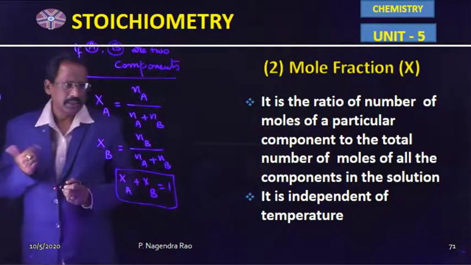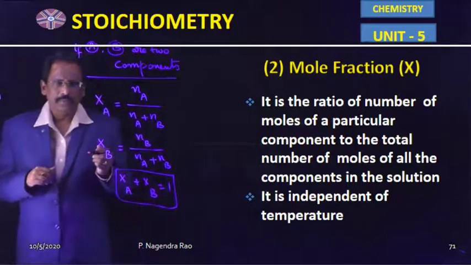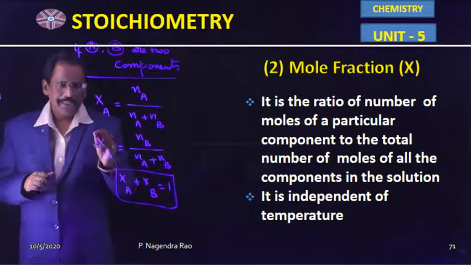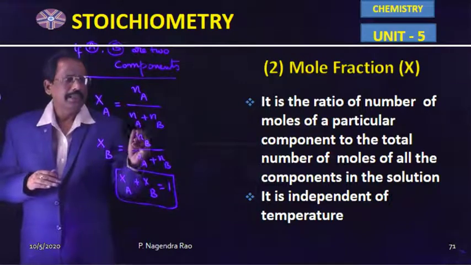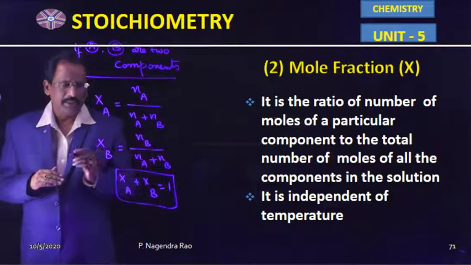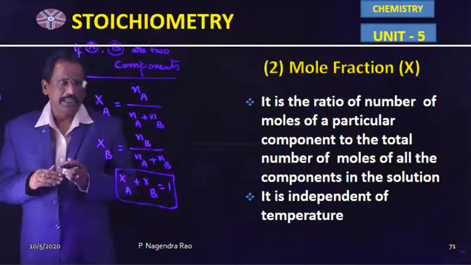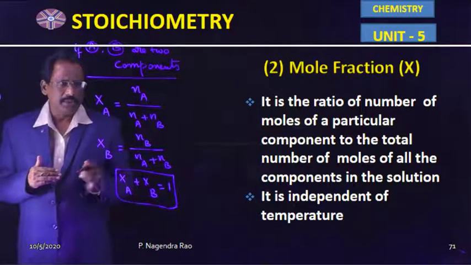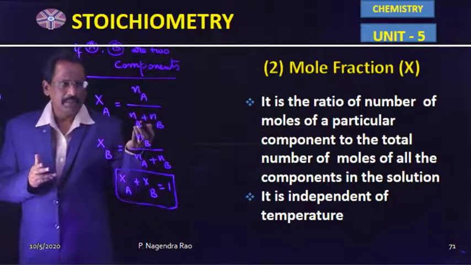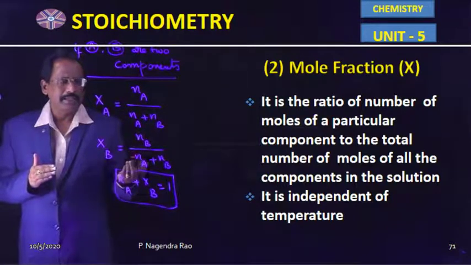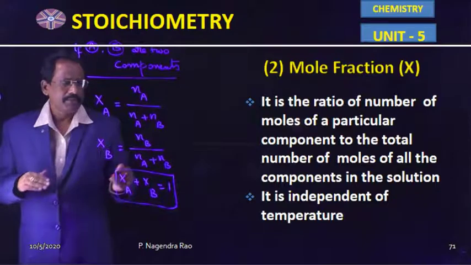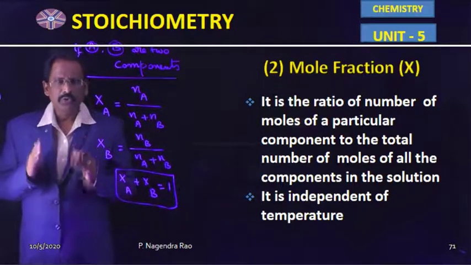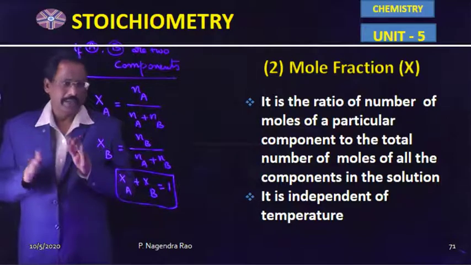That means Xa is equal to Na divided by Na plus Nb. Xb is equal to Nb divided by Na plus Nb. Now the LCM is Na plus Nb. Therefore, Xa plus Xb is equal to Na plus Nb divided by Na plus Nb. So the sum of the mole fractions of all the components should be equal to 1.